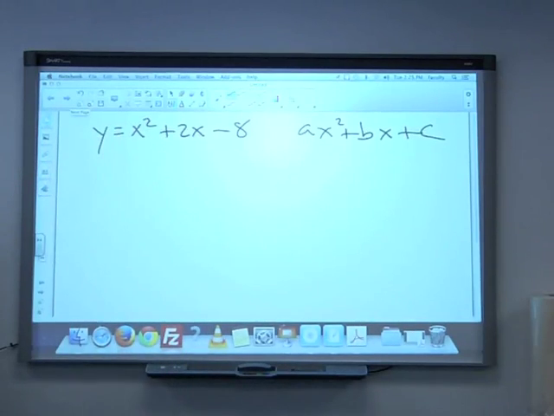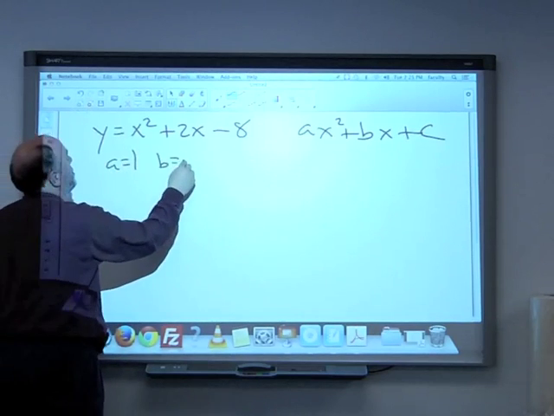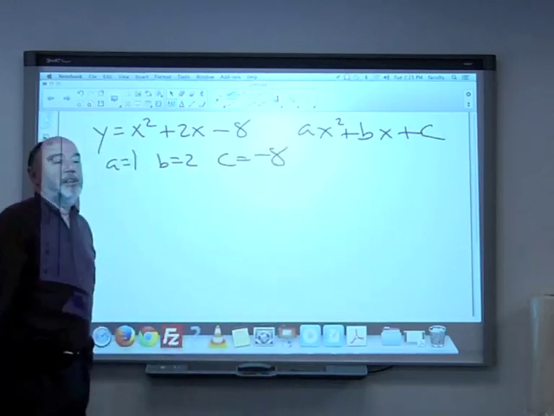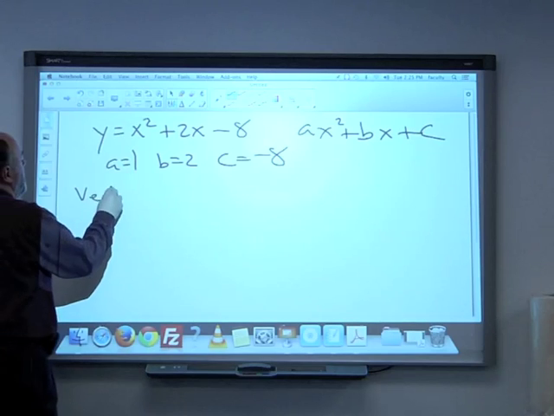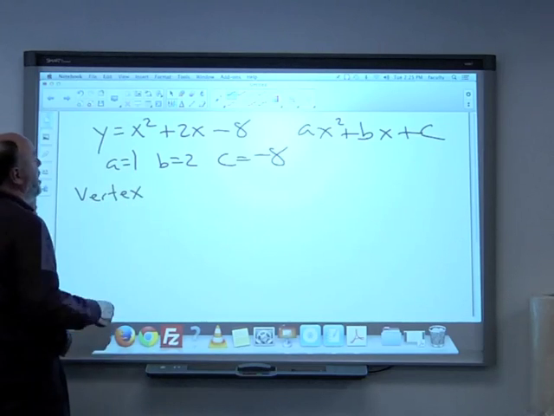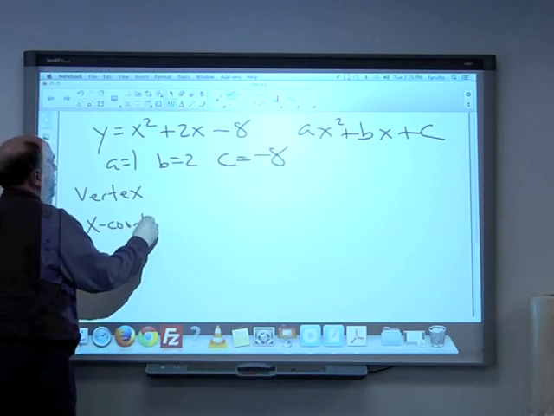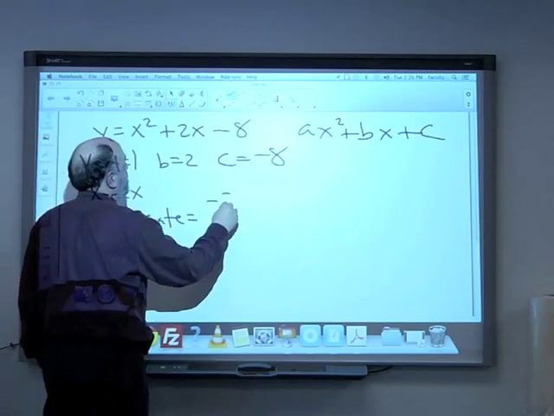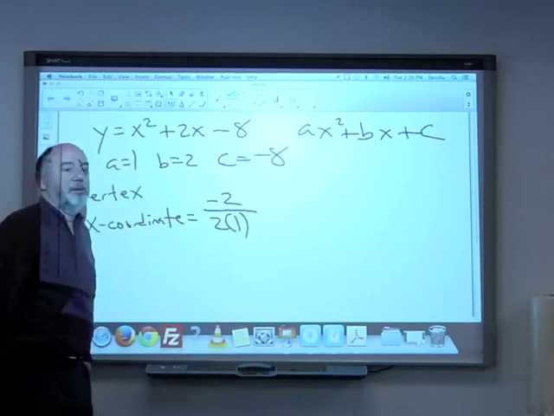So in this case, A is 1. B is 2, C is negative 8. So for my vertex then, for the x-coordinate, that'll be given by negative 2 over 2 times 1.